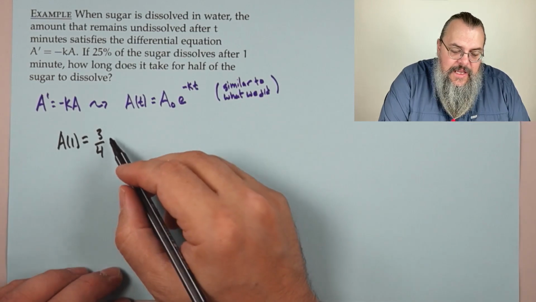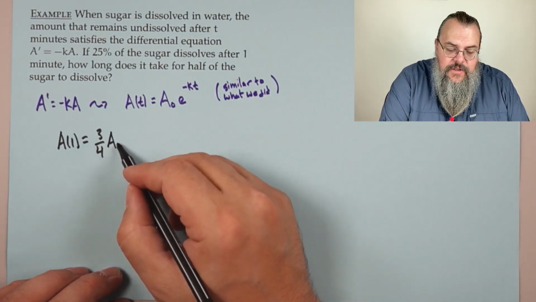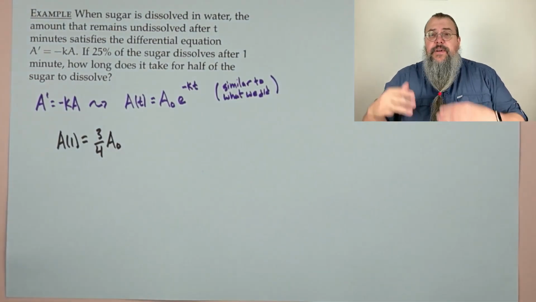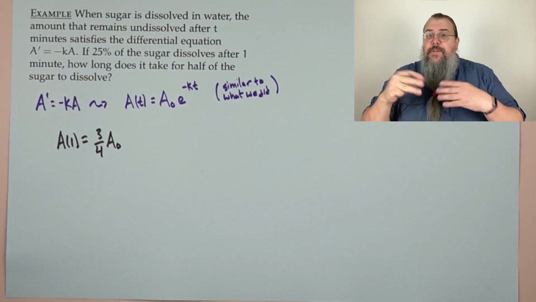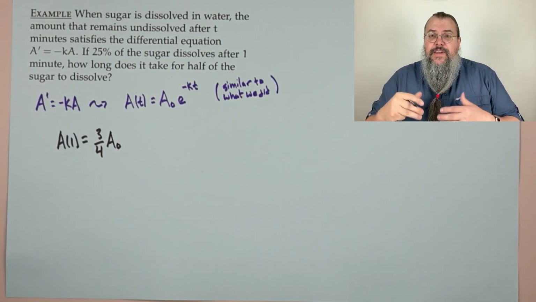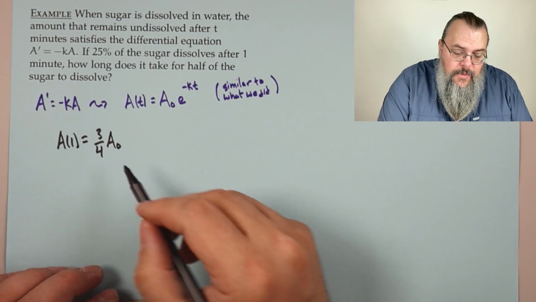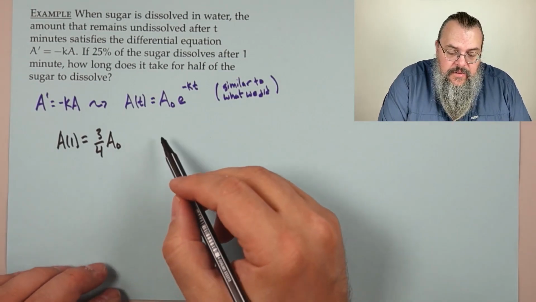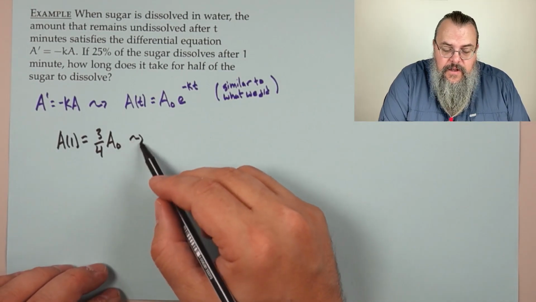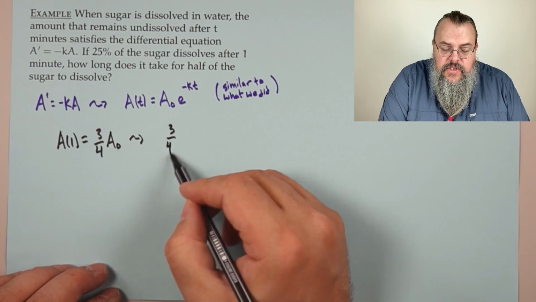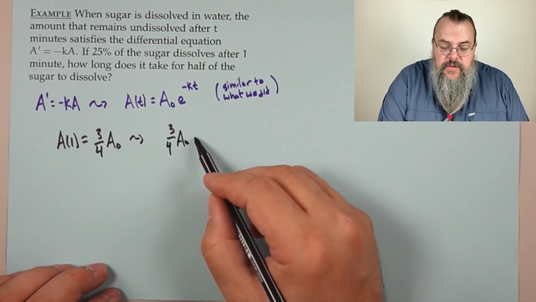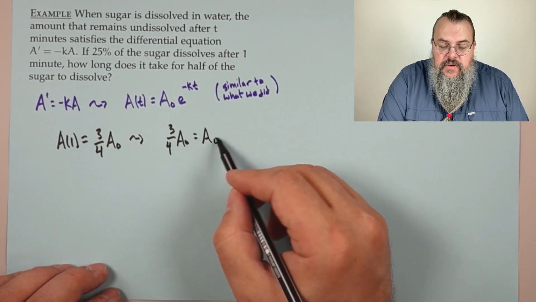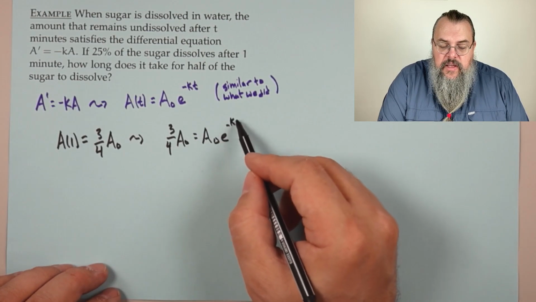So we can say A of 1 is 3/4 of the initial amount. Now we don't know the initial amount, but oftentimes in these problems, it really doesn't matter what the initial amount is, because what will happen? Well, that tells us the following: 3/4 times our initial amount is A0 e to the minus k times 1.